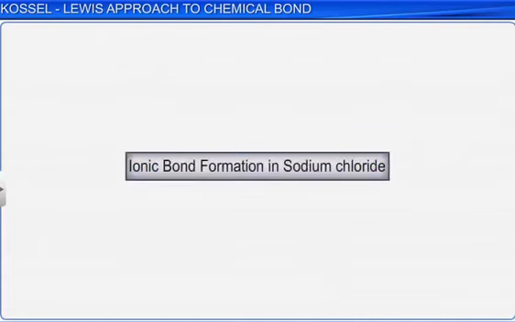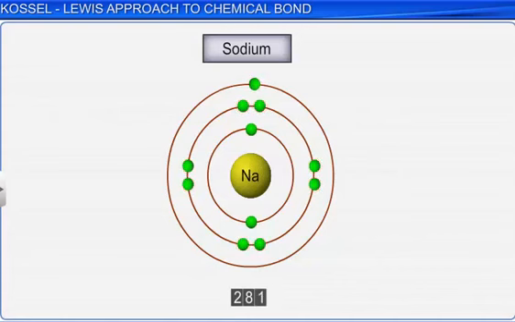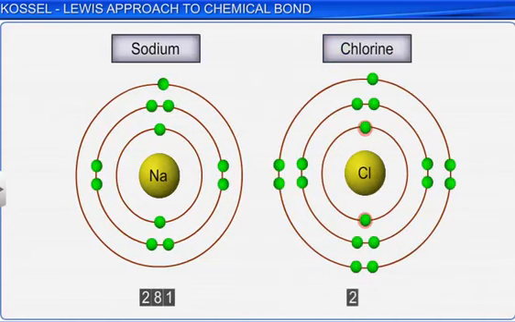On the basis of these facts, let's explain the formation of sodium chloride. The electronic configuration of sodium is 2, 8, 1, whereas the electronic configuration of chlorine is 2, 8 and 7.